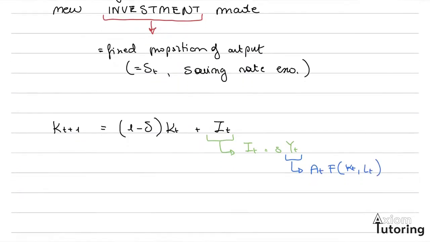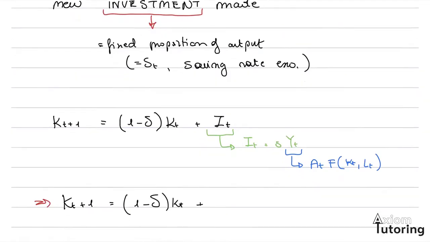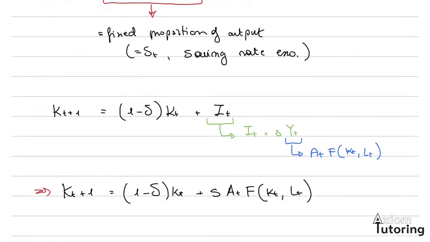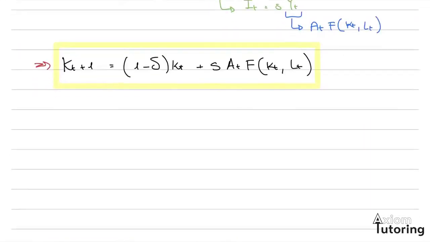Hence, we can now finally derive that our capital is going to accumulate according to the depreciation of old capital stock. So this remains like this, plus the saving rate that multiplies output defined by our production function. So yes, this in aggregate terms is our capital accumulation equation, and it's going to become very, very, very useful.